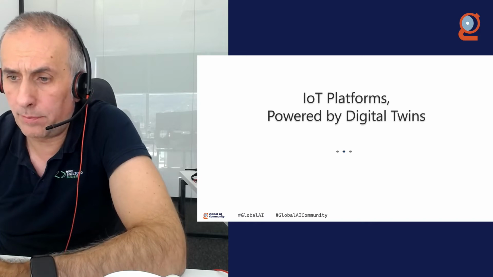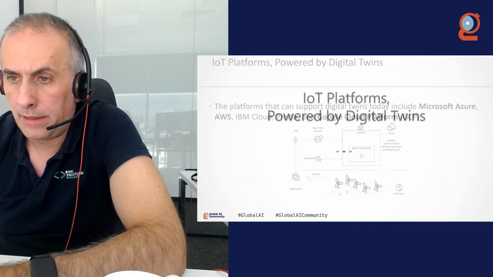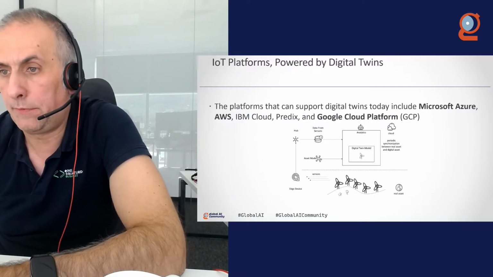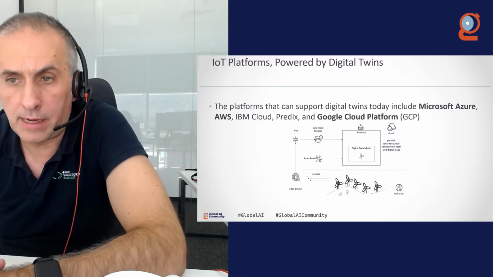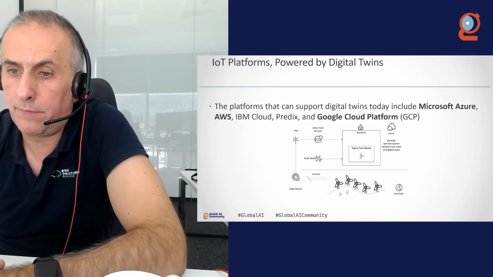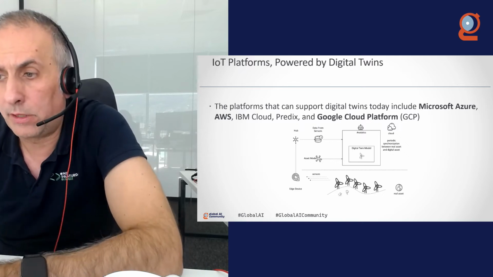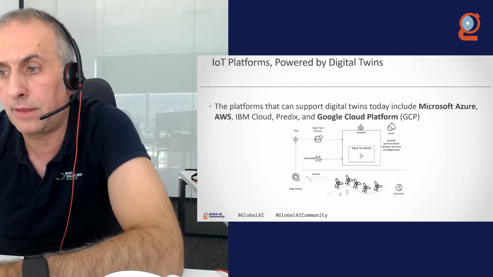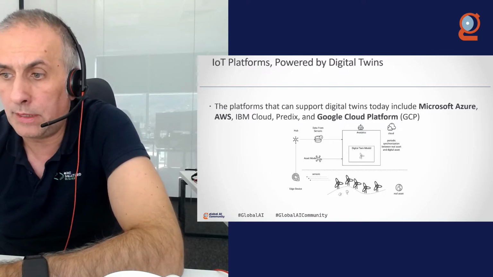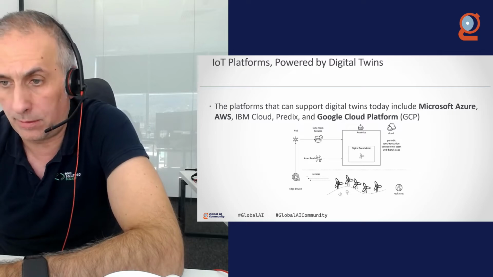I would like to spend just one minute on an overview of different solutions, and to say that except for Azure, all the other main vendors offer just a set of services which you need to use in a custom solution to implement your own digital twins solution.